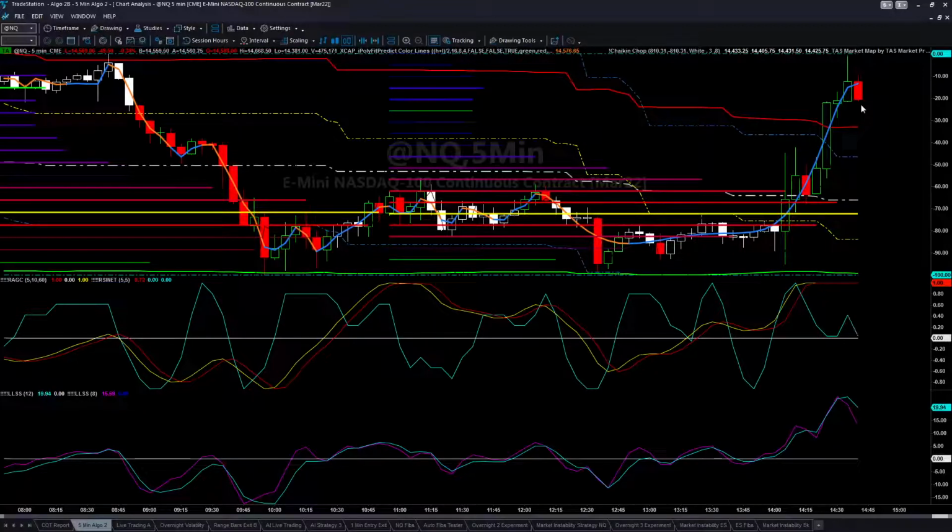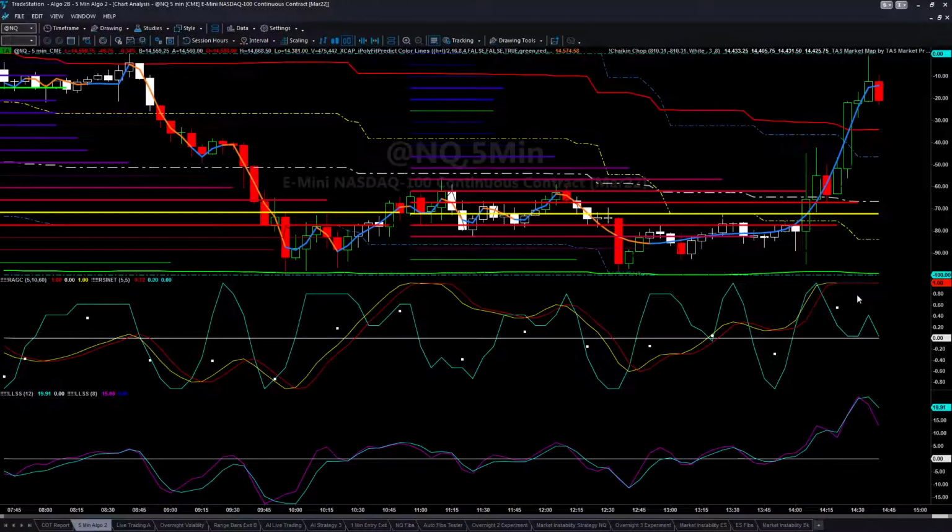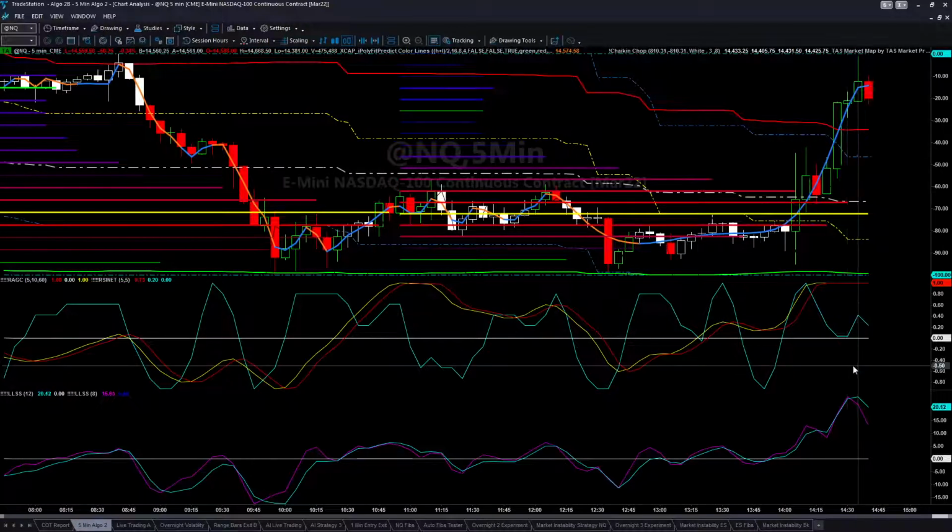It's looking to me like this may have already topped out completely, but I still don't see any deviation here to completely call it a top.